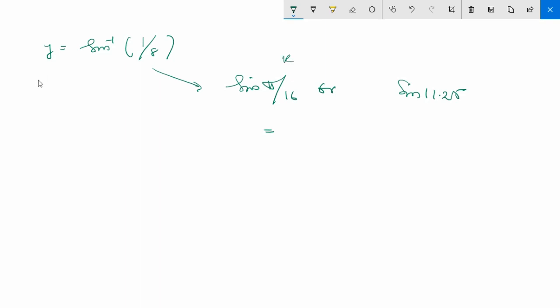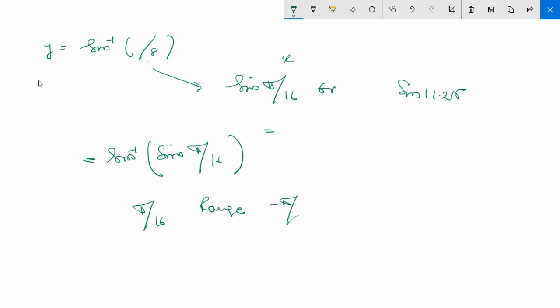This is in radians and this is in degrees, so this is equal to 1 by 8. So you can substitute it as sine inverse of sine of pi by 16, and the answer is pi by 16 in the range of minus pi by 2 to pi by 2.